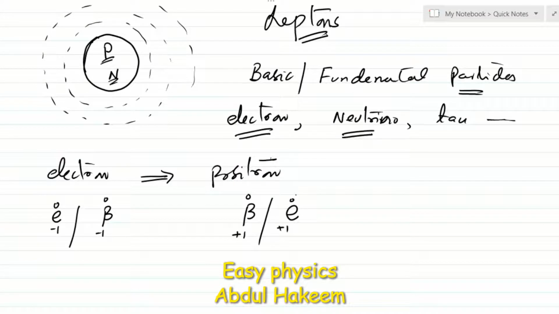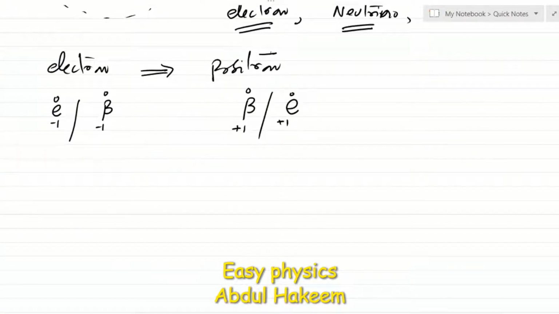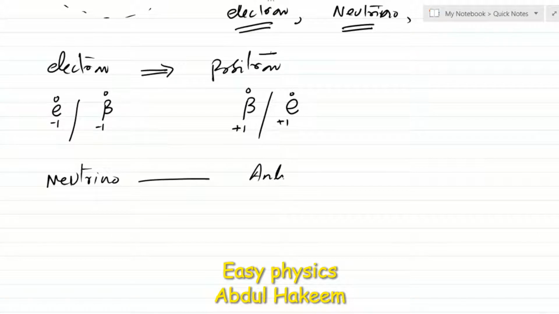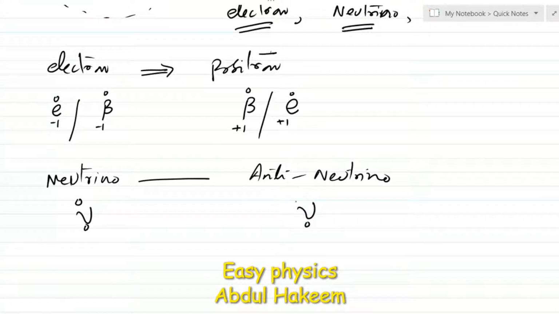And similarly, the neutrino has its antiparticle, antineutrino. The symbol for the neutrino is this, and the symbol for the antineutrino has an additional dash sign.